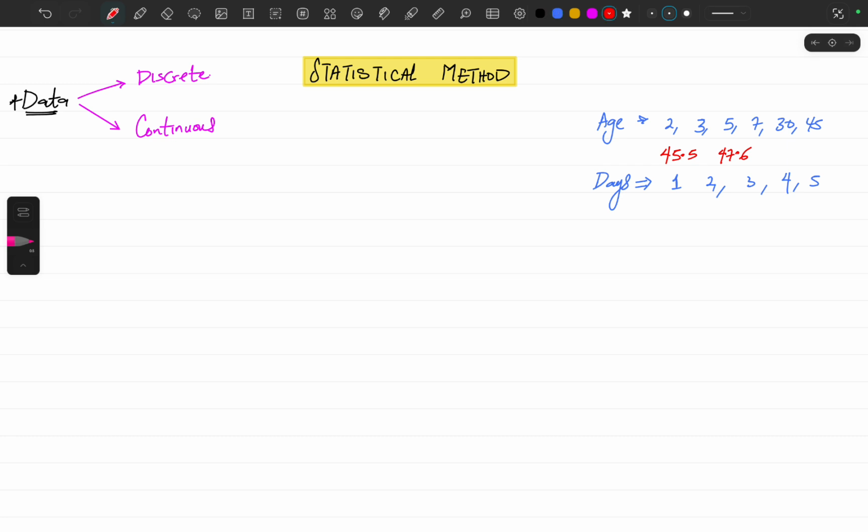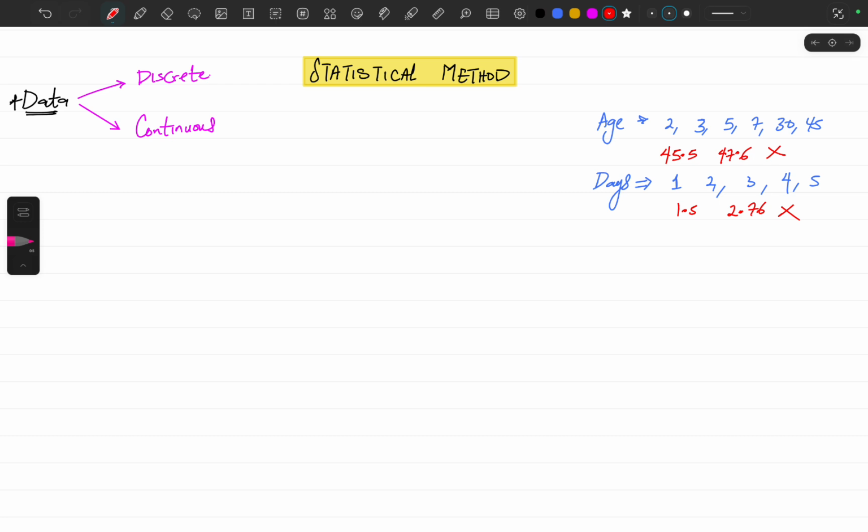So you cannot have 1.5 days or 2.76 days. These are not kinds of days that are acceptable. So we say this type of data are non-discrete data. The red ones are non-discrete data, while the blue ones are the discrete data. Does that make some sense there? So we have a data which can be discrete.